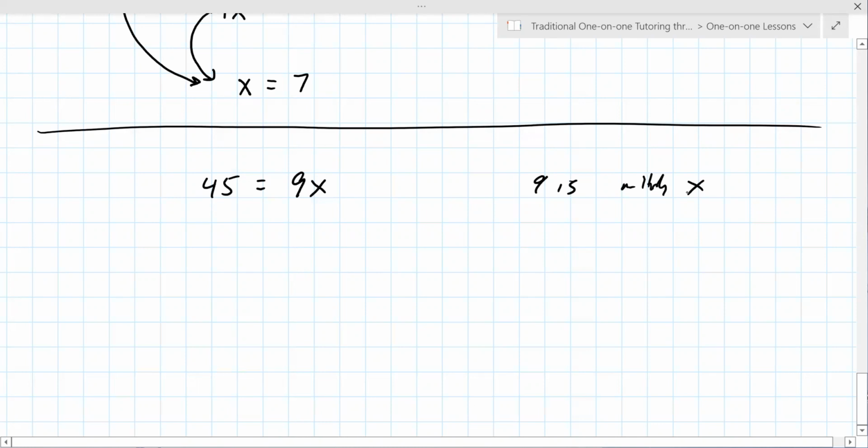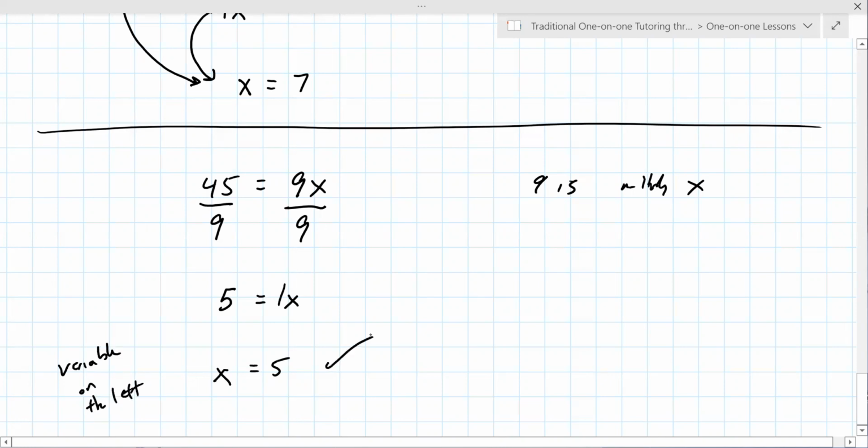So how do you undo it? With division, right? So you divide by 9 on both sides. 45 divided by 9 is 5. So 5 equals x. Or you can write 1x for now. And then here's another thing: you almost always put the variable on the left. So x equals 5. And then you've got it.